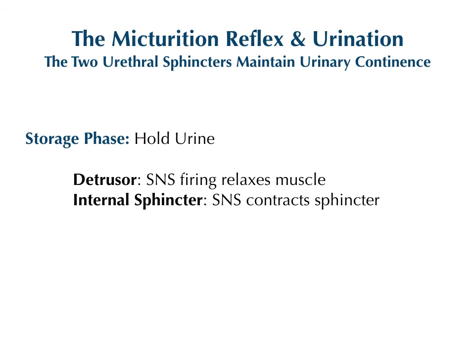At the same time, the sympathetic nervous system will also contract the internal sphincter, which works to hold the urine in. So you can see how a contracted sphincter with a relaxed bladder wall will allow you to retain or hold the urine.